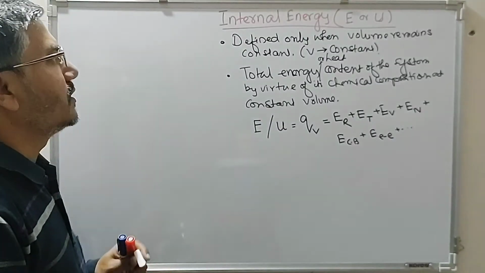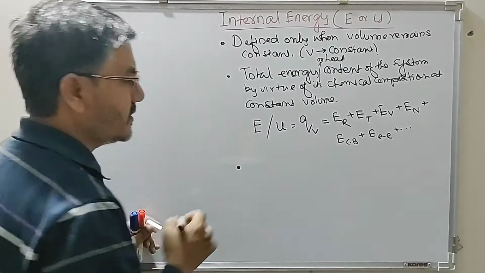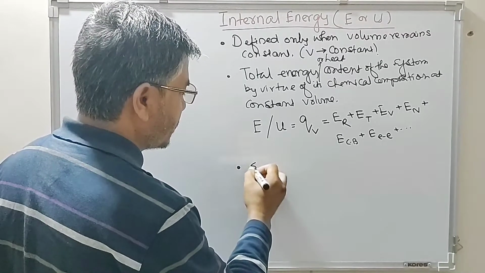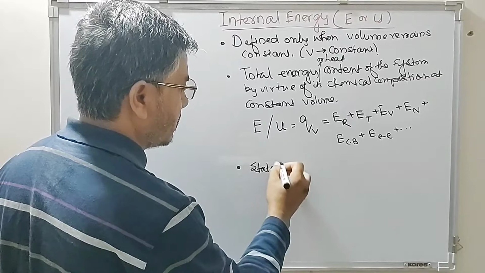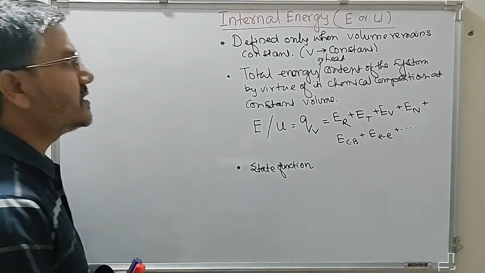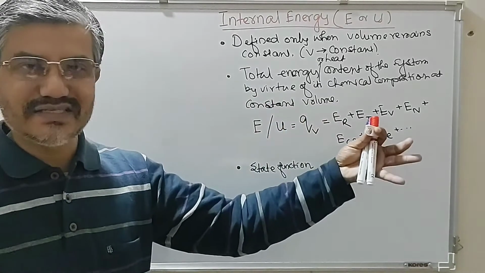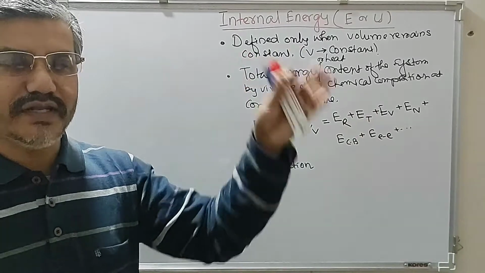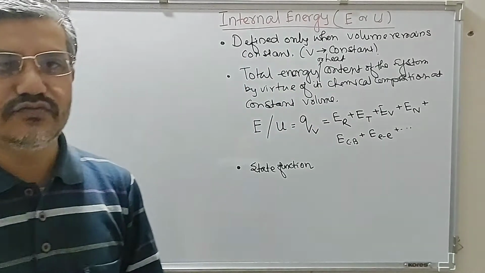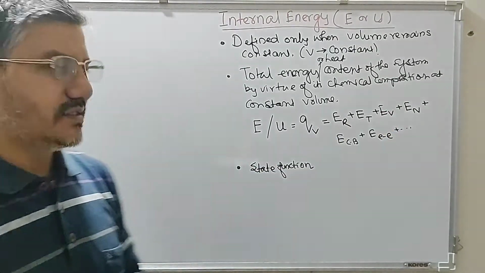This internal energy is a state function. That means this internal energy depends only on the initial and the final state, and it is independent of the path taken for the transformation of the system from one state to another state.